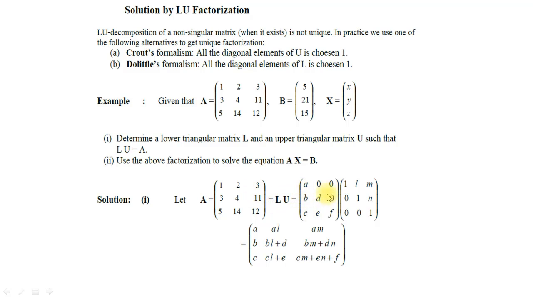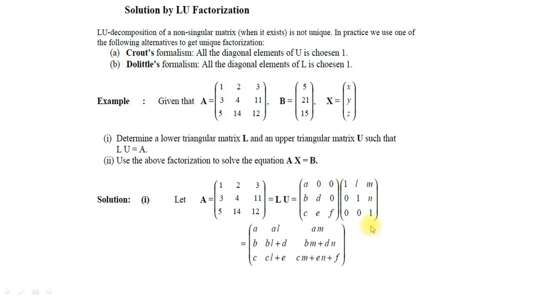This is the lower triangular matrix with rows a 0 0, b d 0, c e f, and the upper triangular matrix with first row 1 l m, then 0 1 n, and 0 0 1. If in the lower triangular matrix the diagonal elements were chosen 1, the method would be called the Doolittle decomposition method.